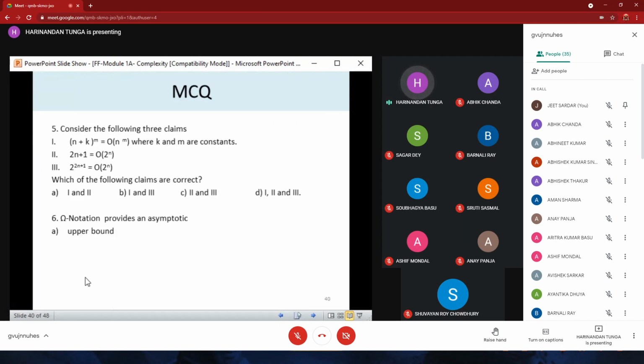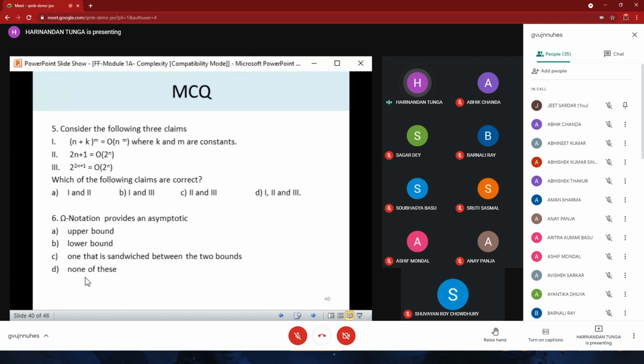And question number 5, consider the following three claims. The claims are: (n plus k) to the power m equal to order of n to the power m, where k and m are constants. And এখানে একটা মিস্টেক আছে, 2 to the power n plus 1 equal to order of 2 to the power n.